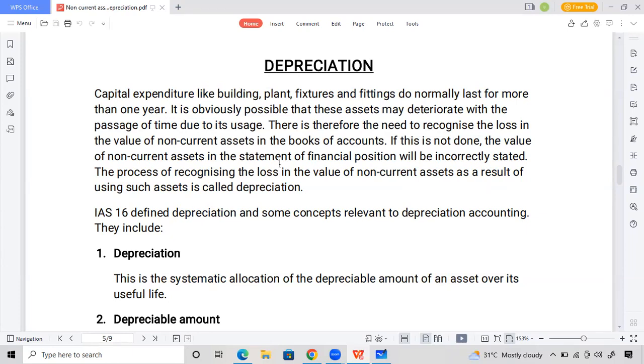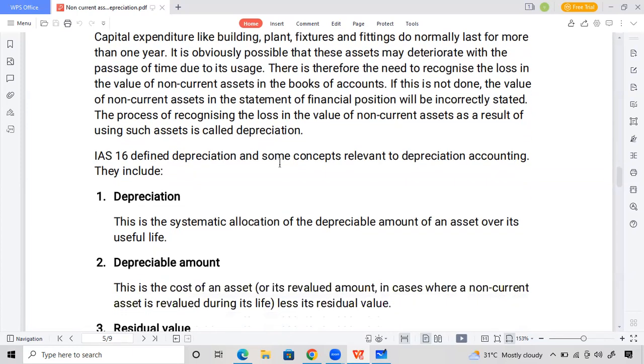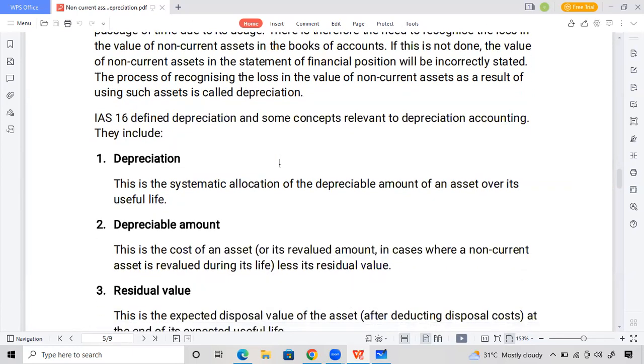What is the definition that was given by IAS 16? IAS 16 defined depreciation and some concepts relevant to depreciation accounting as follows. They said depreciation is the systematic allocation of the depreciable amount of an asset over its useful life. That is the definition given by this regulatory standard.